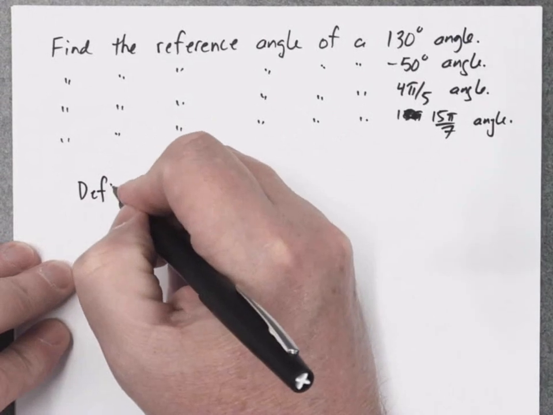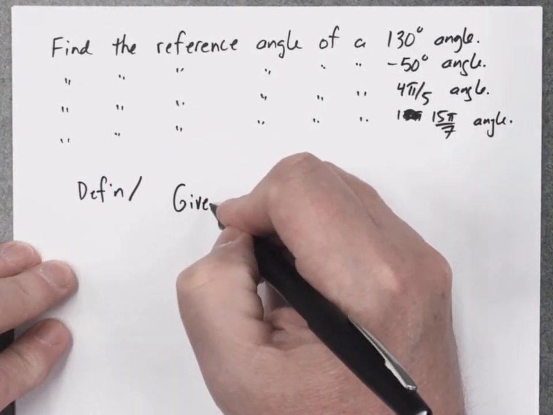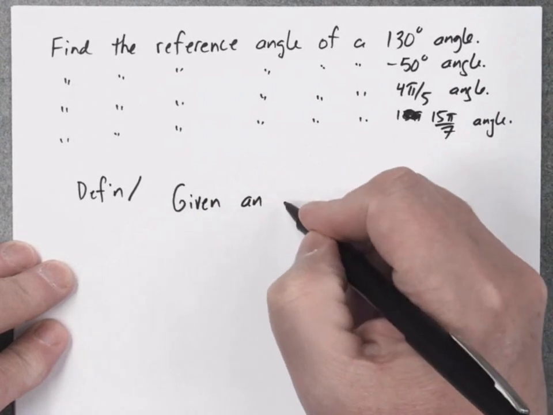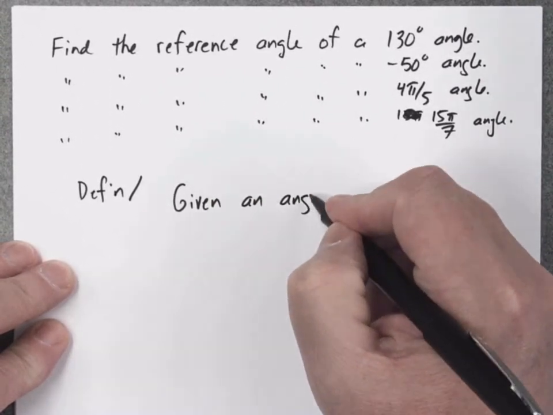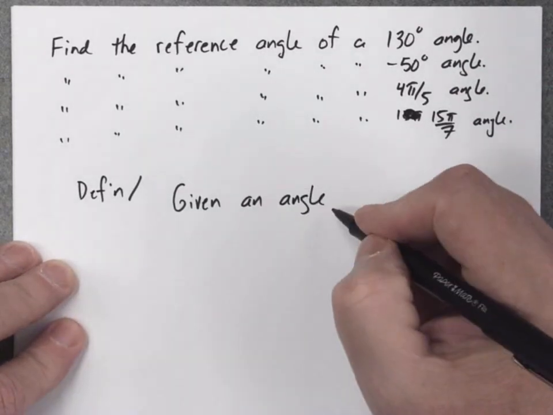So, definition. If you're given an angle, like up here, these are angles we're given.